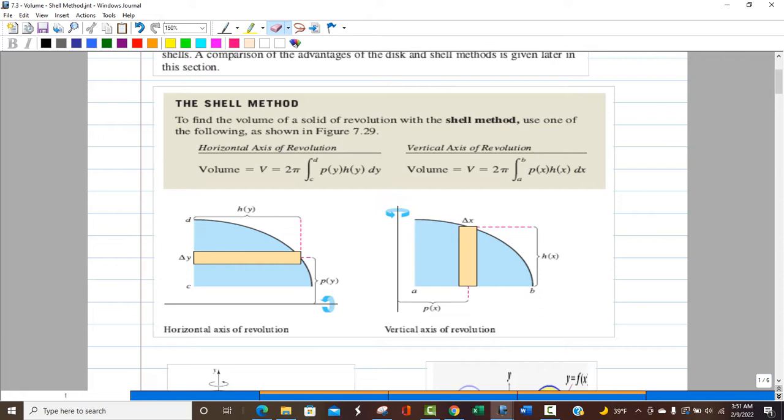And the same thing is true the other way. When you're using the shell method for a vertical axis of revolution, going around the y-axis, for example, you are using variable x, where that must be variable y in the disc washer method.